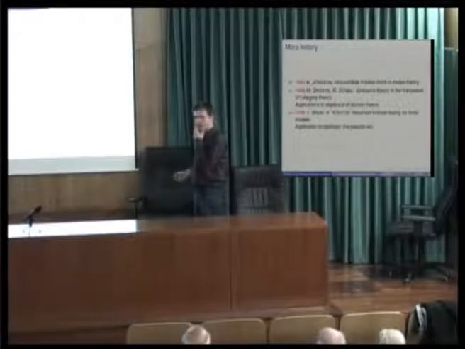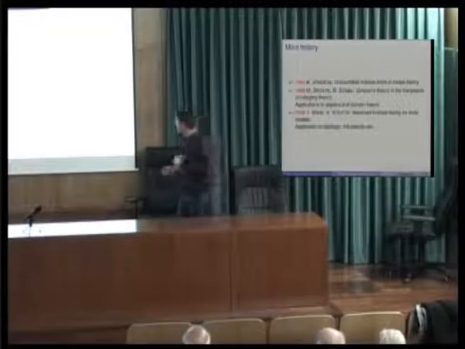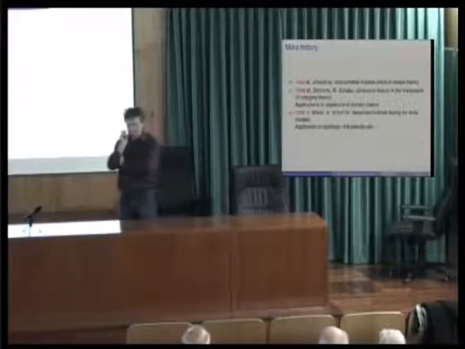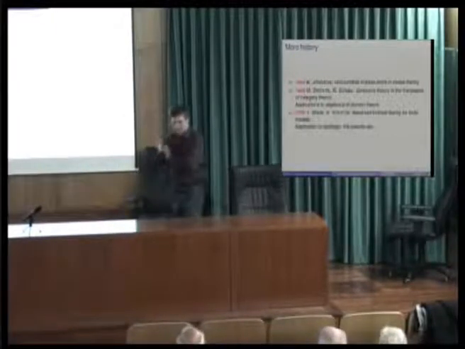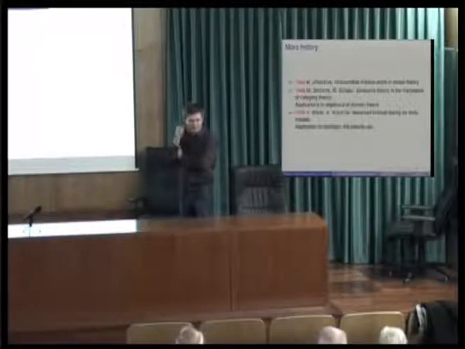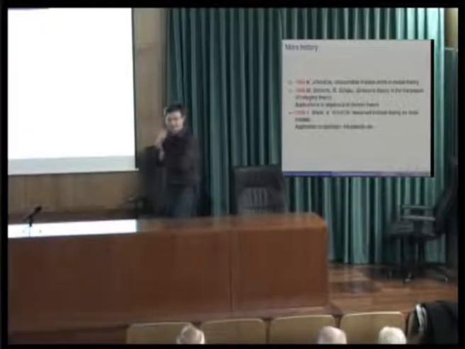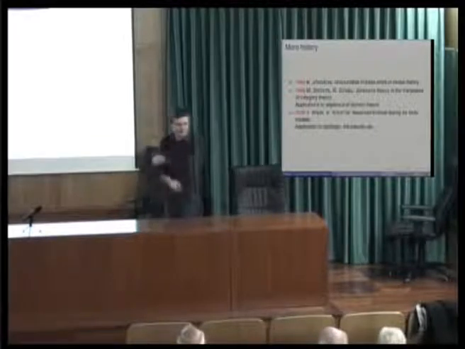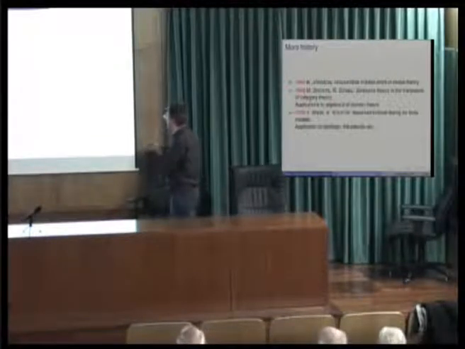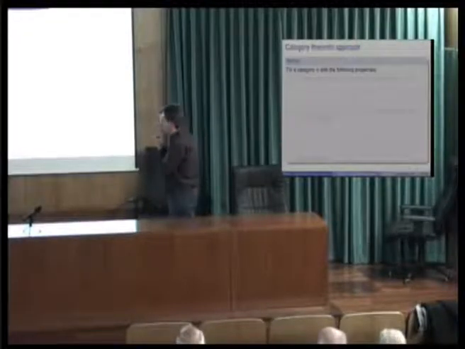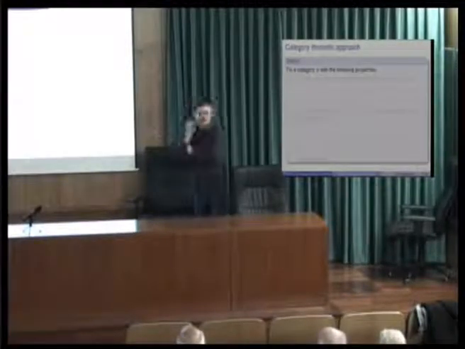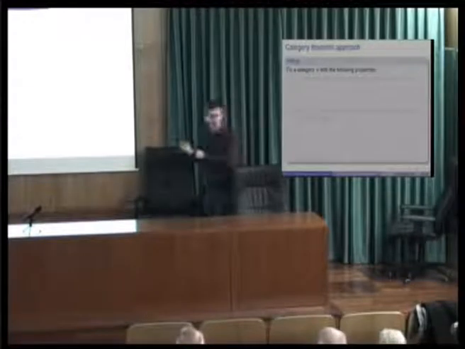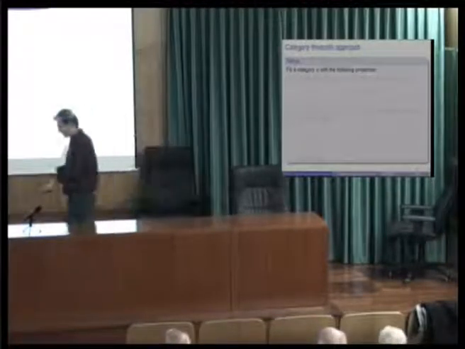They got a new characterization and new properties of something called the pseudo-arc, which is a metric connected compact space, which has some property like an arc, but it isn't. It is indecomposable, etc. Okay, now I would like to sketch the category theoretic approach which I take.